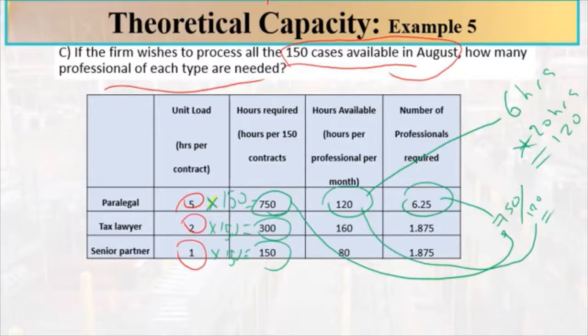So 750 divided by 120 gives 6.25. Of course, you have to round this up because you can't hire 6.25 people, so you need 7 people in total to meet the target of 150 cases, and we do the same for the rest of the resource pools.